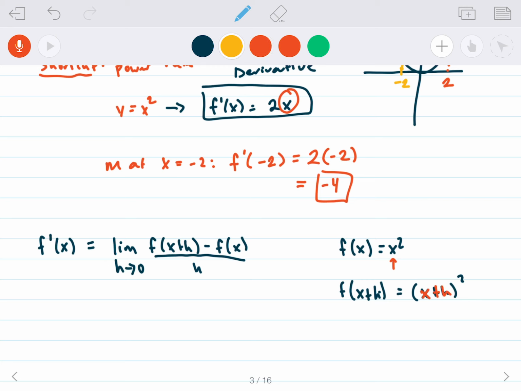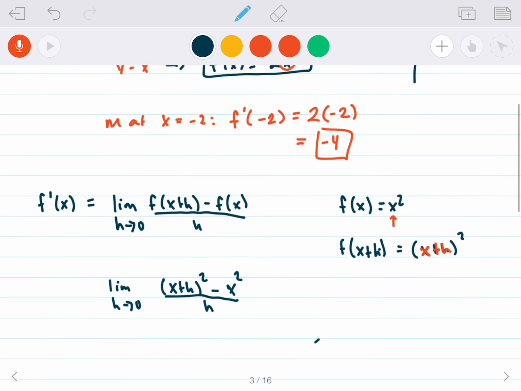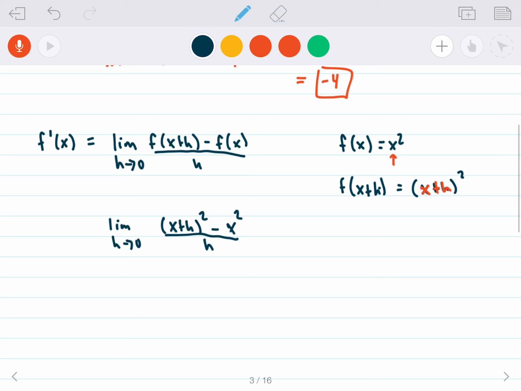Okay, and then we can go ahead and make that substitution here. We have the limit as h goes to 0 of f of x plus h, which we just said was x plus h squared, minus f of x, we said that original function was x squared, all over h. And then we can simplify this, right? x plus h squared, if I use the distributive property to FOIL it out, I get x squared plus xh plus xh plus h squared.